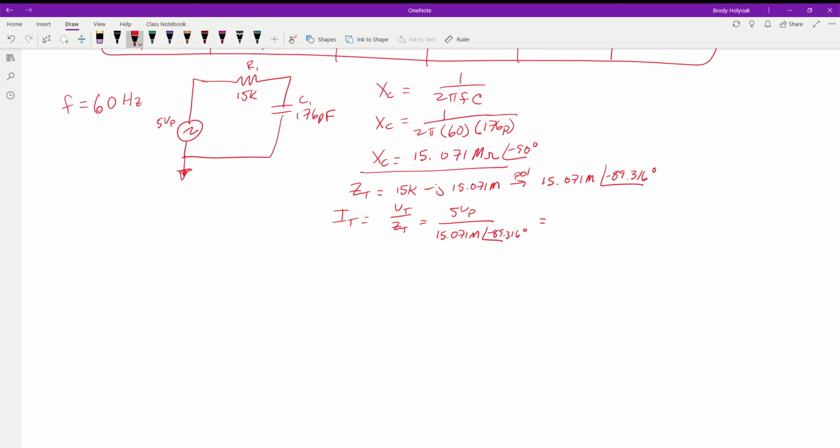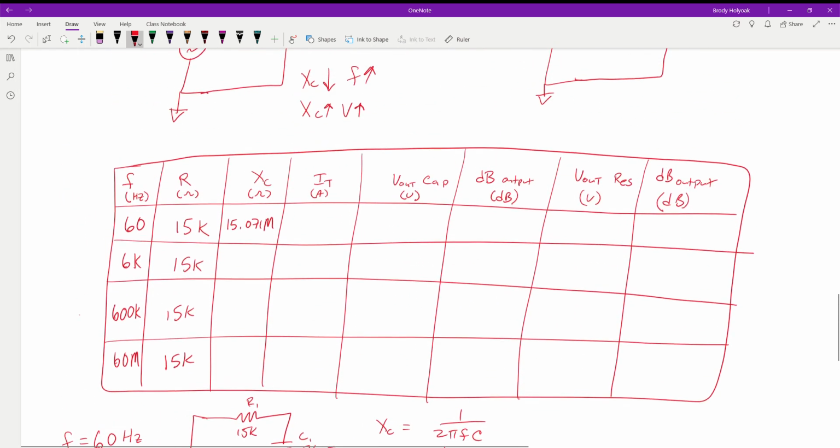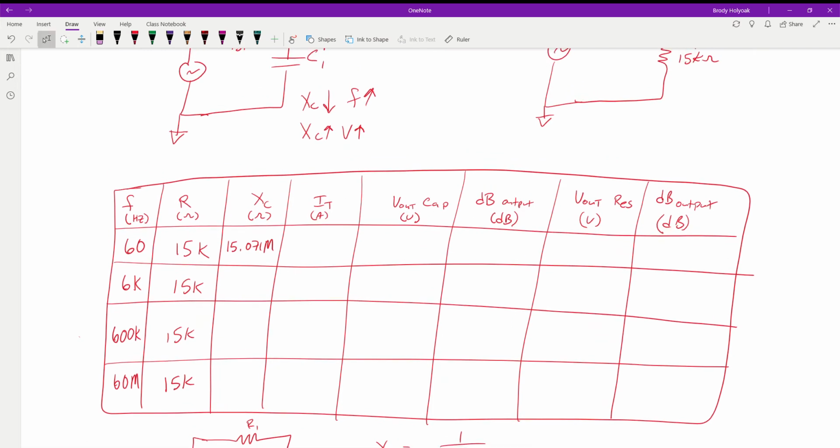When we do that, that comes out to be 331.763 nanoamps at an angle of 89.316 degrees. Really small current. So let's add this to our chart so we can keep track of it: 331.736 nanoamps at an angle of 89.316 degrees.